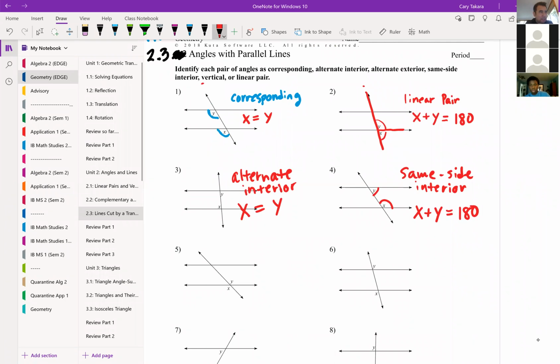What would you name it? Now, if you want to call it alternate interior, both letters better be inside. But you notice that one is outside and one is inside, right? So it cannot be alternate interior.